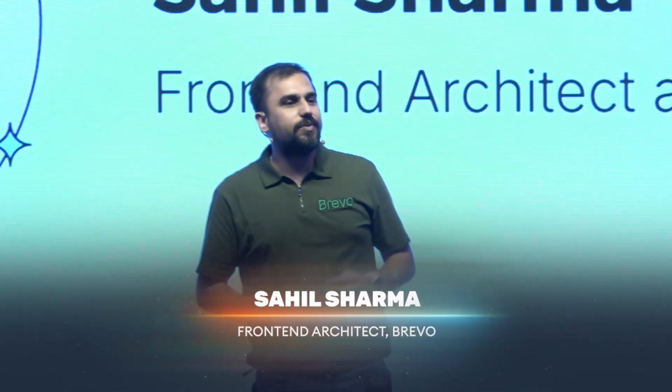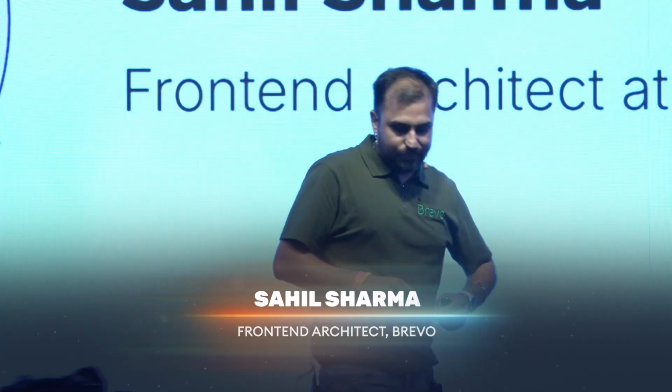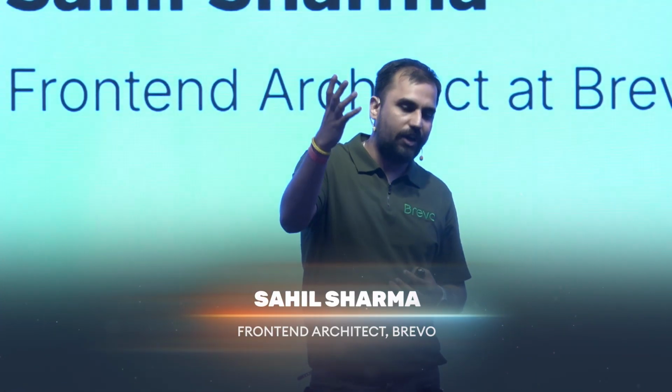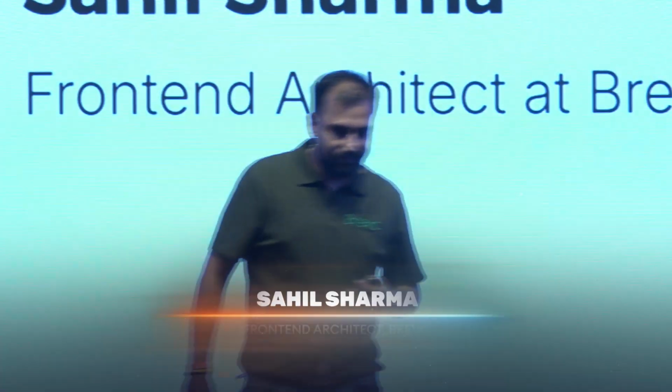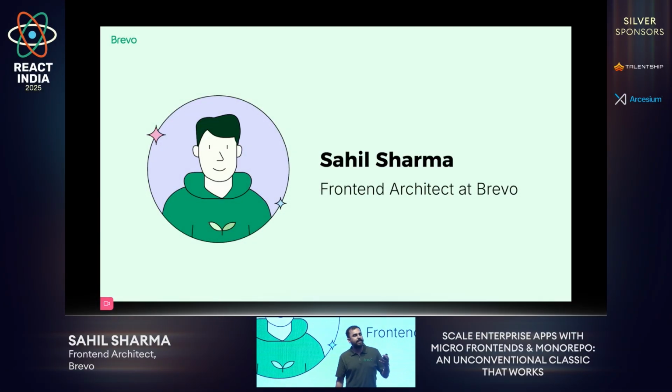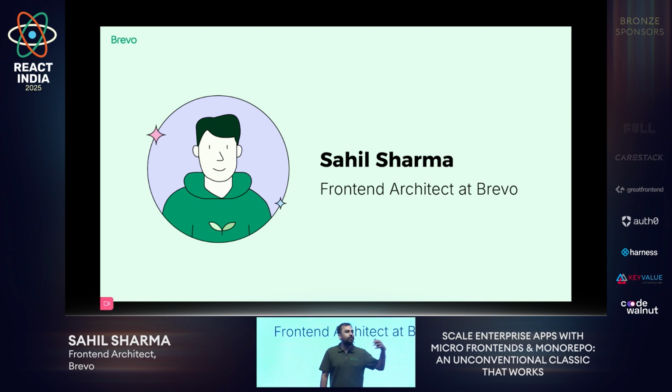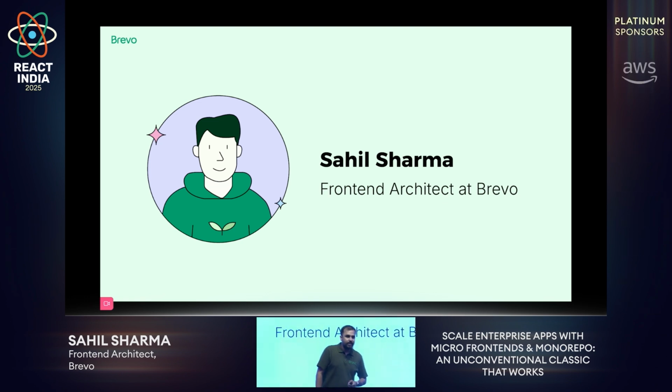So I'm going to present on a topic which I want to make synonymous with how we make cocktails. While making a cocktail, ingredients play a major role, right? If you mess up the ingredients, then your experience with the cocktail can differ. Same is with the architecture in front-end technologies.